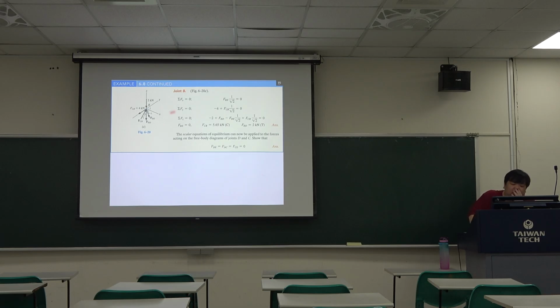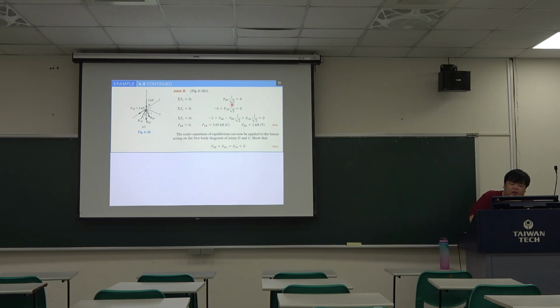Then we don't use the Cartesian vector form. We just do the summation Fx equal to 0, then we can very easily find the answer. So FBE times this part is equal to 0. Then we do the summation Fy equal to 0, and we get this equation.